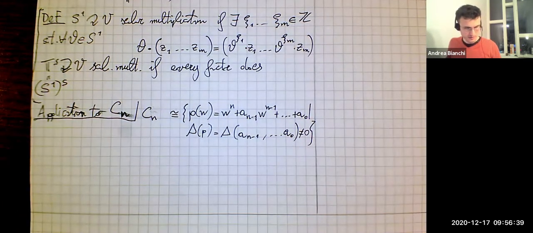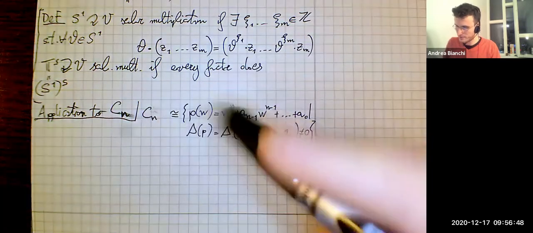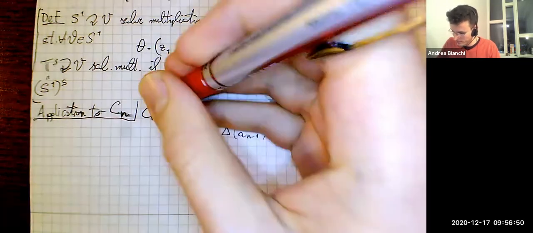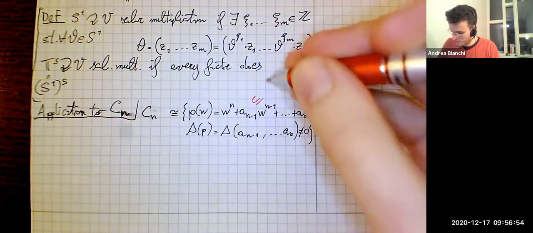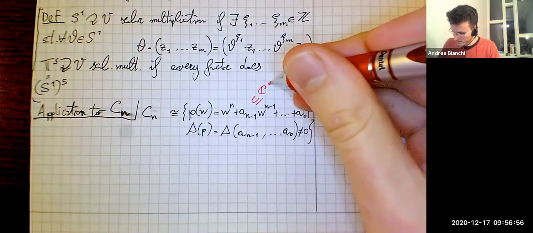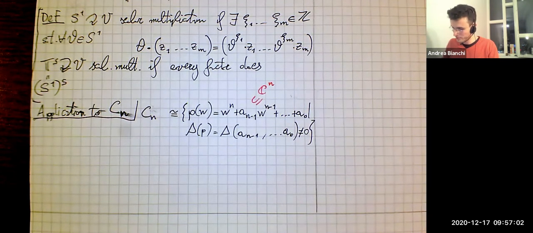Okay, I hope that this is known. And then we can consider a subspace of this Cn. So this Cn, if we see it in this way, will live inside C to the n. Right? We have n coefficients for such a polynomial.